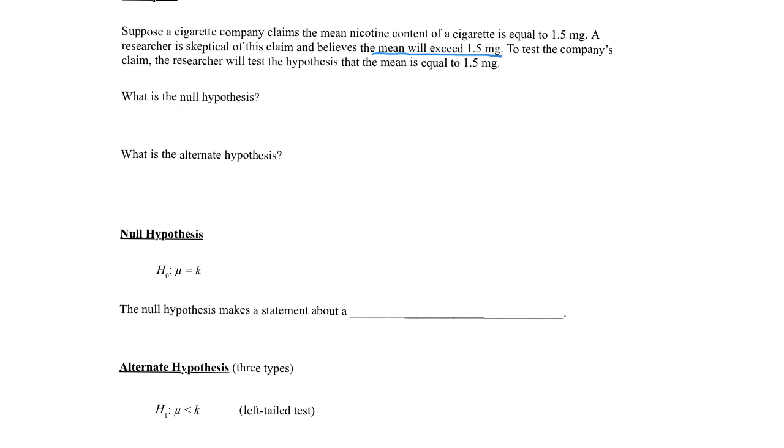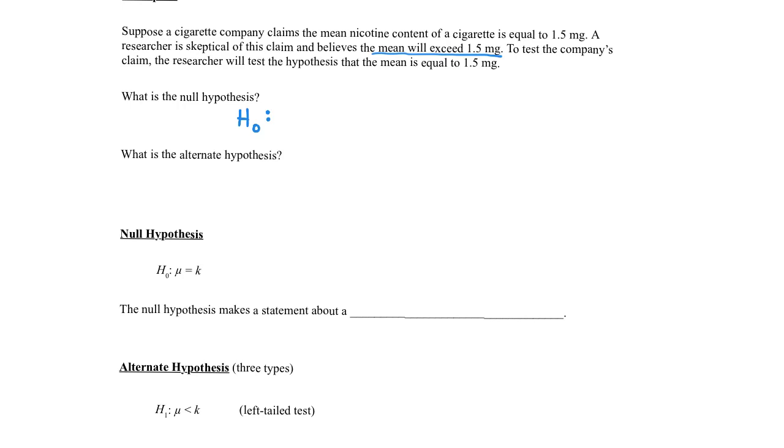The notation is this: we typically write H naught with a colon. Whatever follows that colon is the null hypothesis. That could be an English statement or a sentence, or it could be something like we'll do here.